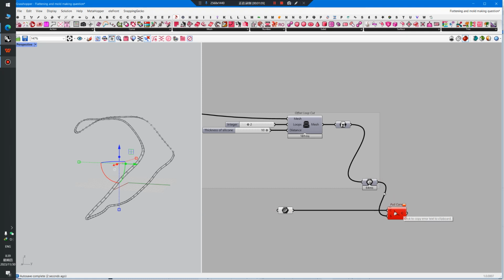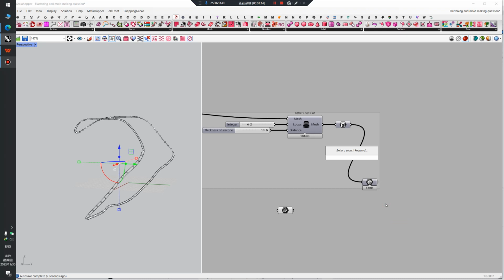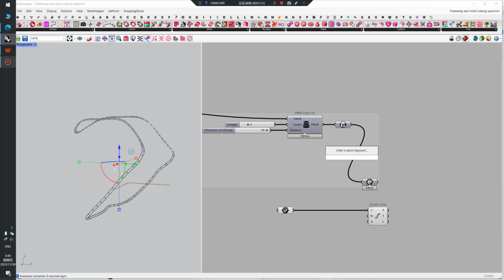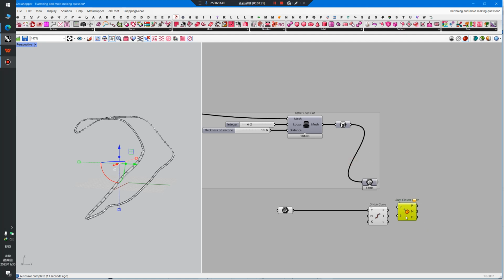Oh no, this you cannot put to the direct, so I divide curve, and then we pull the point. Direct, close. I think this one.